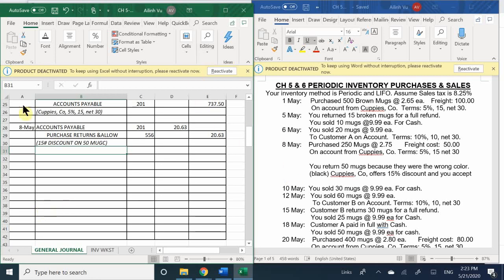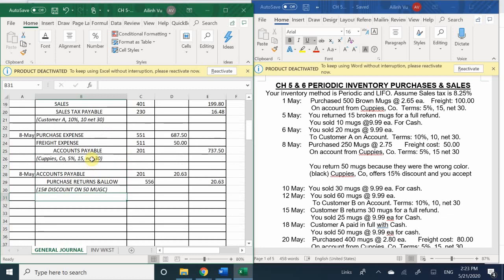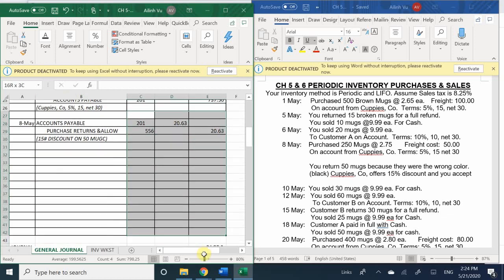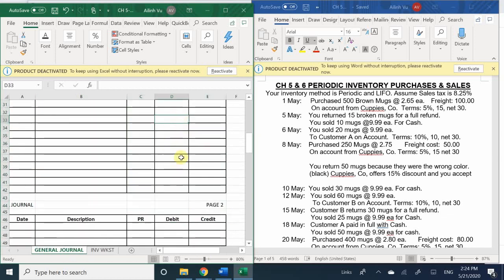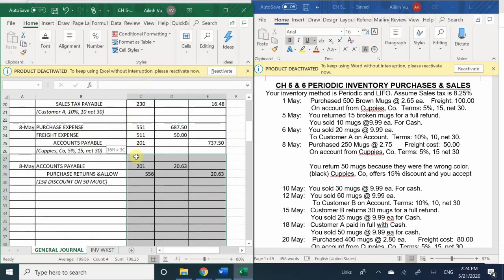Okay. So, yes, again, this is going to be the meat and core of the entire class time. We're going to be journalizing left and right, and we're going to be recognizing what entries you need to make.